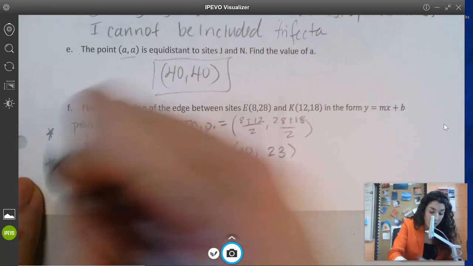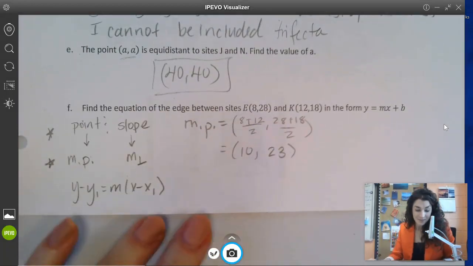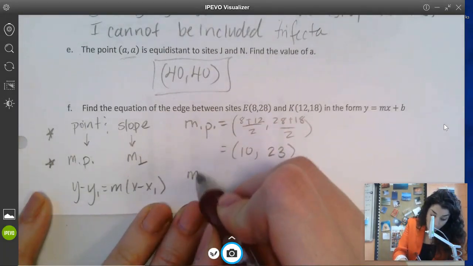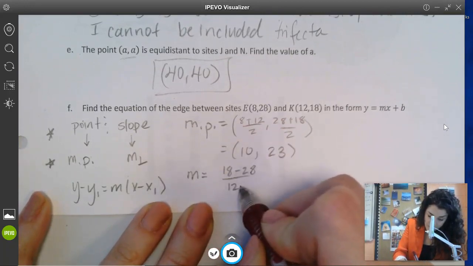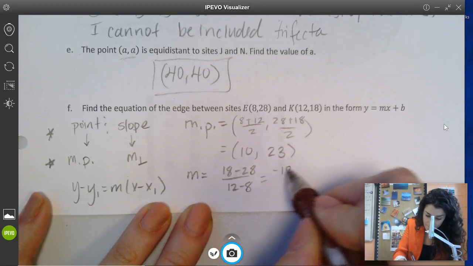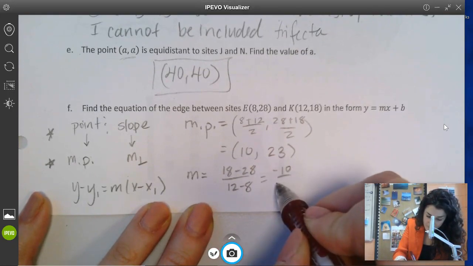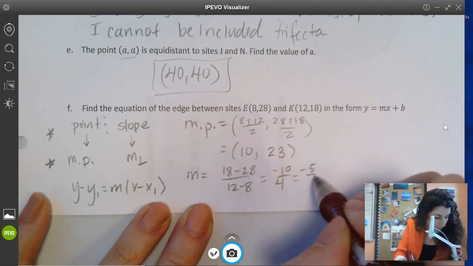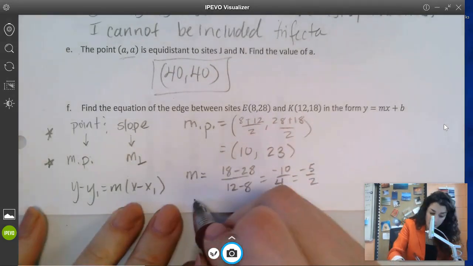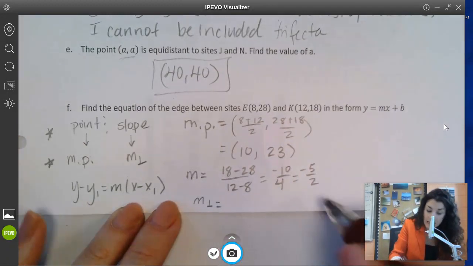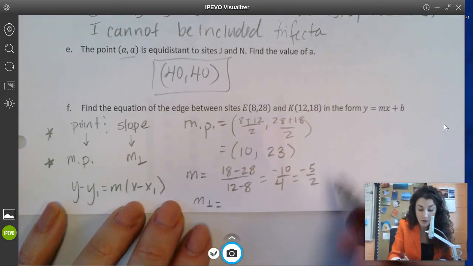Go ahead and find our perpendicular slope. The slope between those 2 points is negative 5/2. So the perpendicular slope would be the negative, so making that now positive, reciprocal.